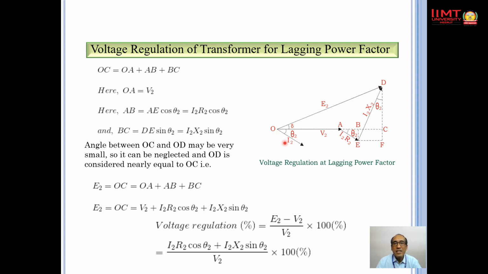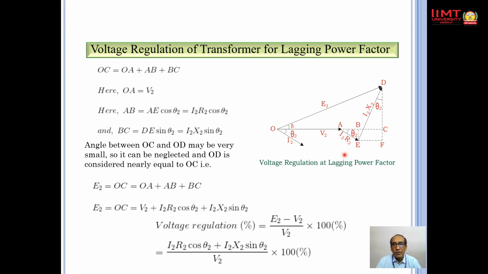OC can be broken into OA, AB and BC. Look at this figure: OA is the terminal voltage V2, and the current lags behind the secondary voltage V2 by the angle theta 2. So the resistive voltage drop will be I2R2, making angle theta 2 with the supply voltage V2.